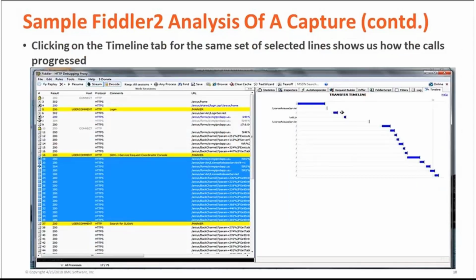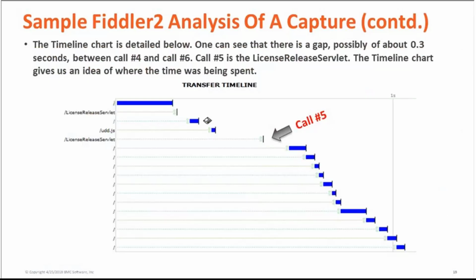One of the other tabs next to the statistics tab is called timeline, and it shows you how these calls progressed. The next slide will show the timeline panel in much more detail.